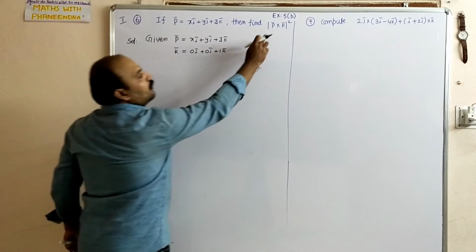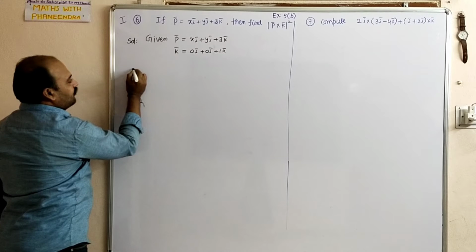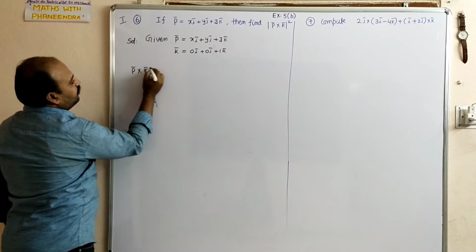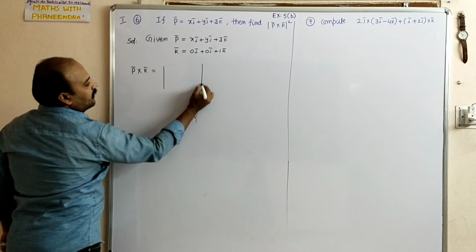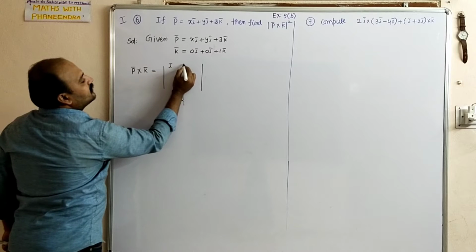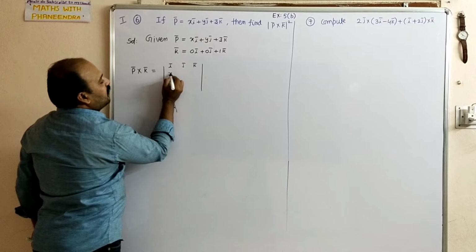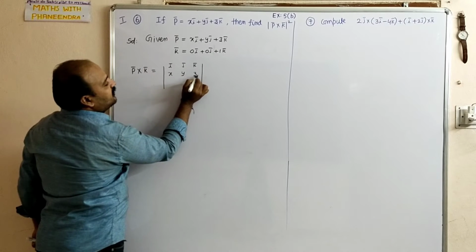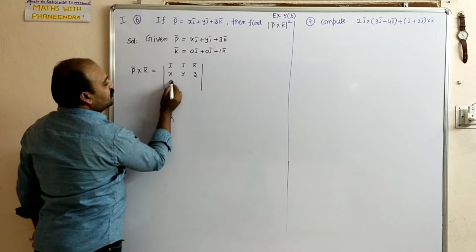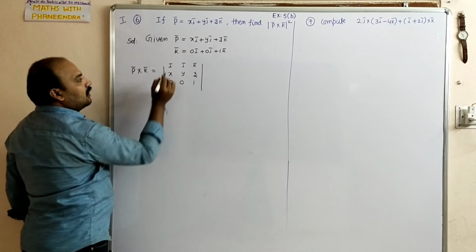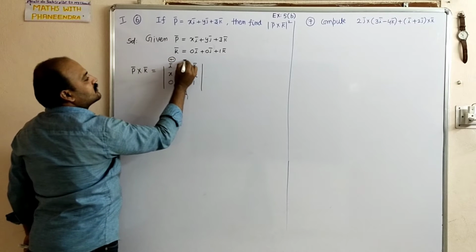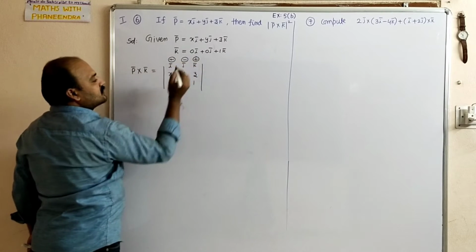After that, P bar cross K bar is the determinant of I, J, K; the P bar vector components x, y, z; and K bar components 0, 0, 1, and here plus, minus, plus.